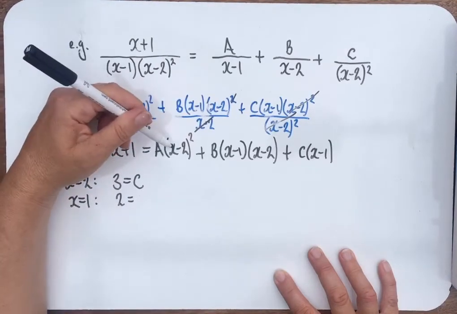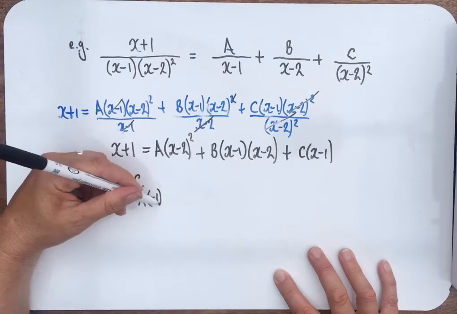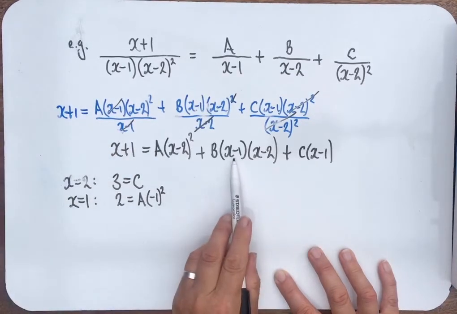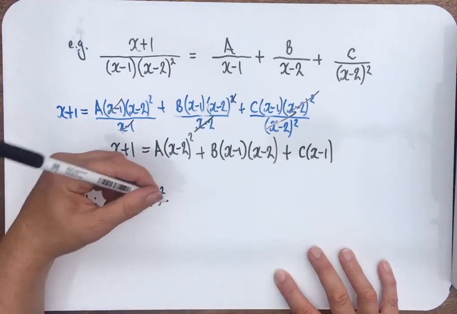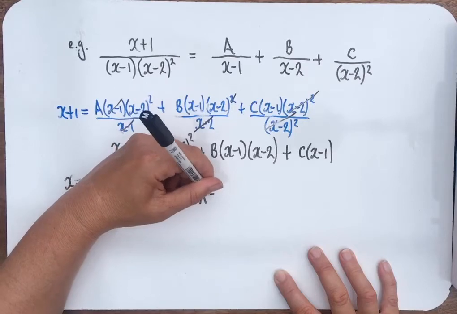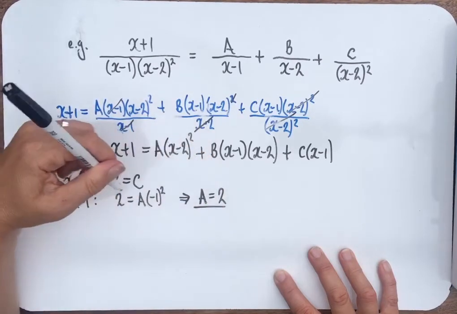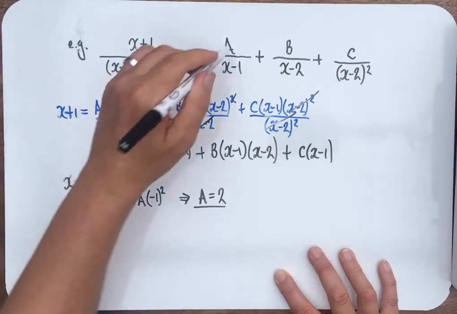And then 1 minus 2 is minus 1. That bracket 0, that bracket 0, so we can ignore those. And so a is equal to 2 because minus 1 squared is 1. So we've got the values of a and c.